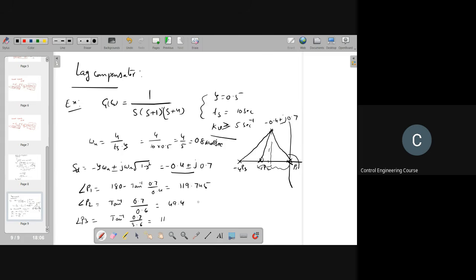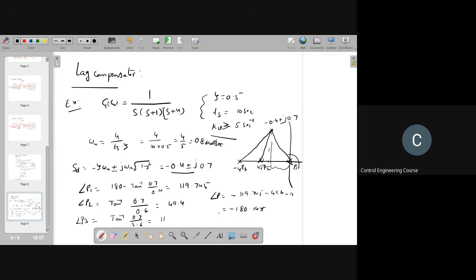So the total angle from these poles P1, P2, P3 is equal to minus of 119.745 minus 49.4 minus 11, that is equal to minus 180.4145.